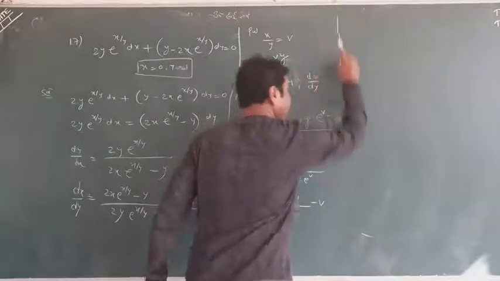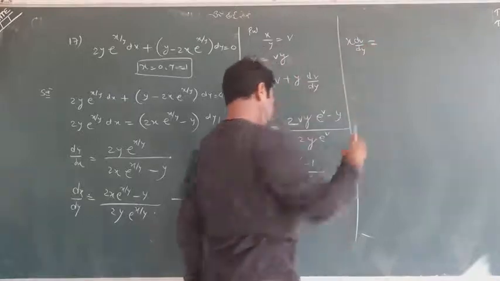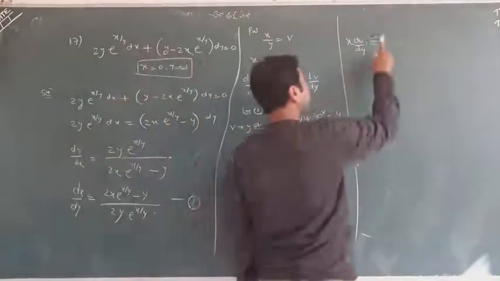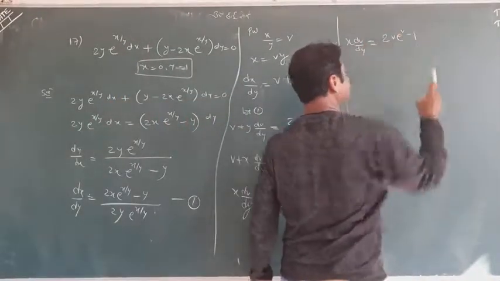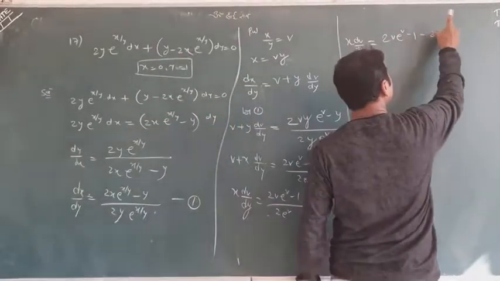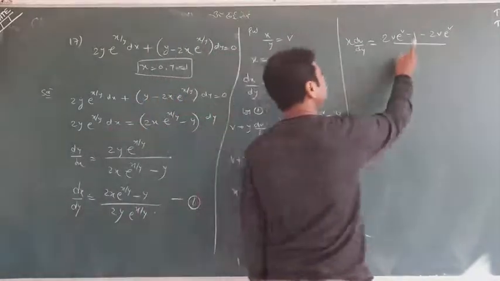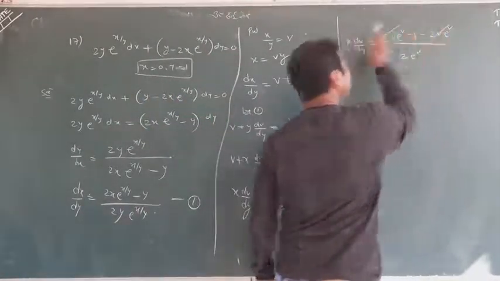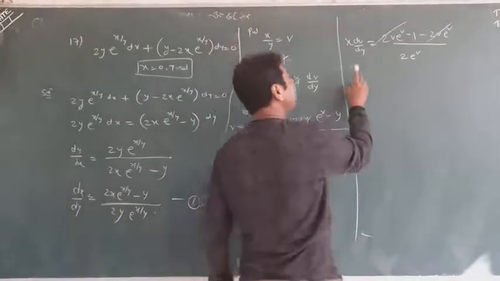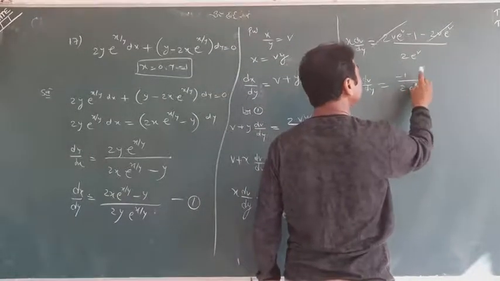Take an LCM. y dv by dy is equal to 2v e to the power v minus 1 minus 2v e to the power v, upon 2 e to the power v. So these two fortunately cancel, and remaining is y dv by dy equal to minus 1 upon 2 e to the power v.